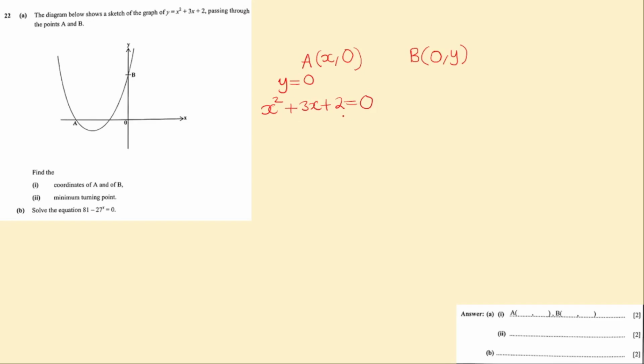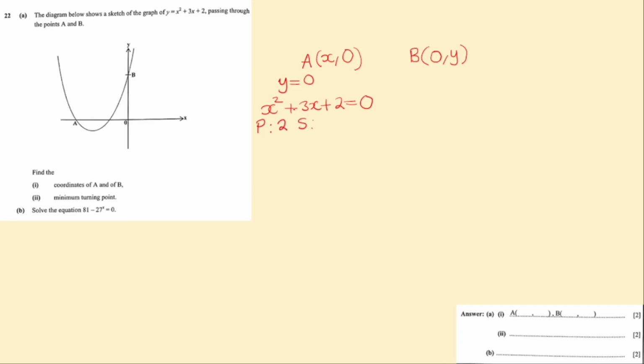This is a quadratic equation, so I'm going to solve it using factorization. The product is found by multiplying the coefficient of x squared and the constant, which will be 2.